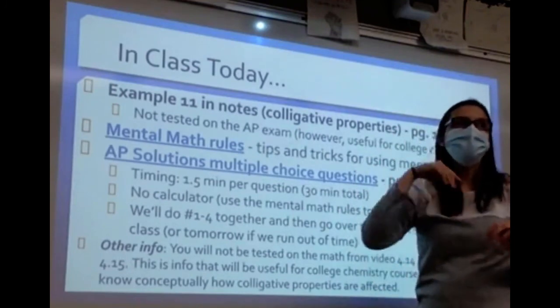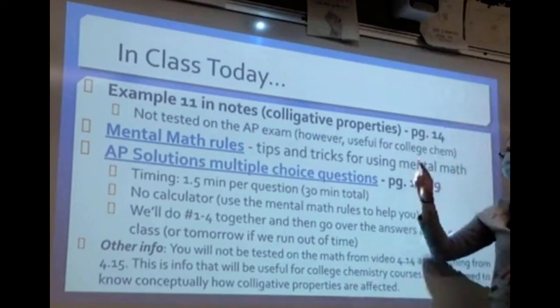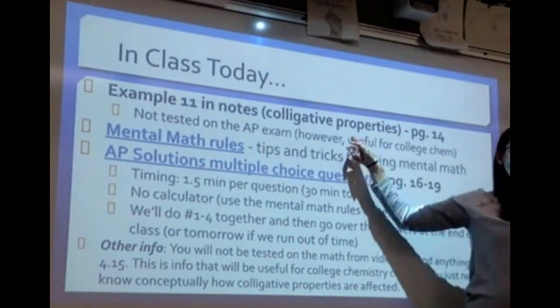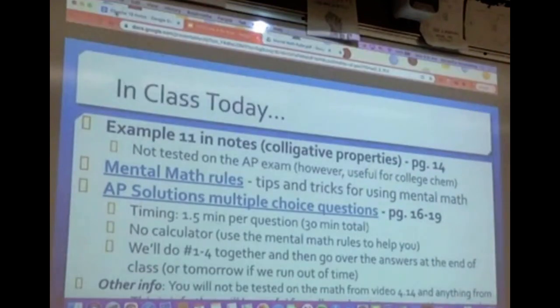So if you want to grab it now, you can. But grab those two things and then also make sure you have your notes out. If you need to grab things, you can. But then go ahead and get out your notes, calculator, and flip to page 14.